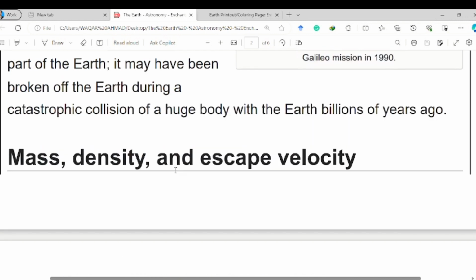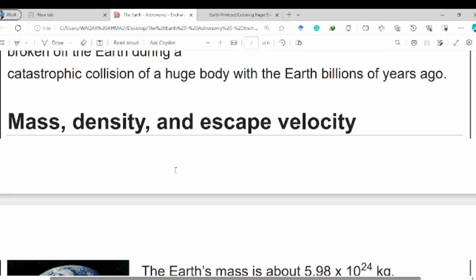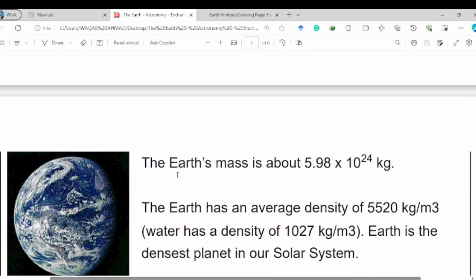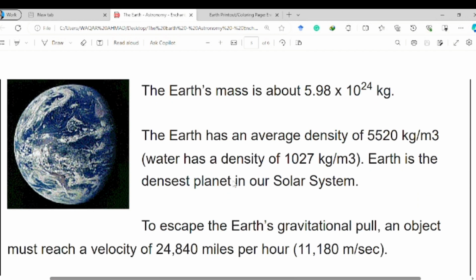Now about the mass, density, and escape velocity of the planet Earth. What is the mass of the Earth? What is the density, and how can you escape the Earth's gravitational force? The mass of the Earth is 5.98 multiplied by 10 raised to the power 24 kilograms.